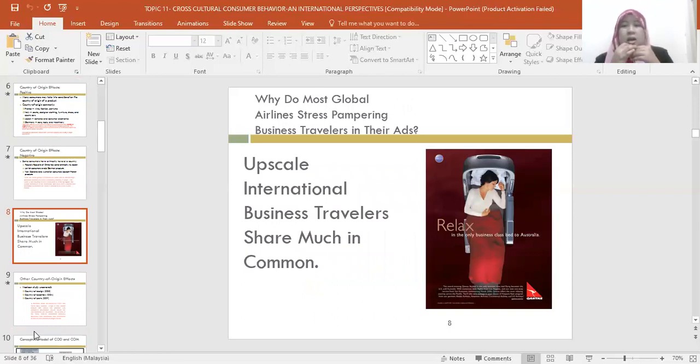Okay, upscale international business travelers share much in common, whether you ride using Malaysia Airlines, Lion Airlines, Singapore Airlines, sorry, Malindo, or maybe UK Airlines, whatever.